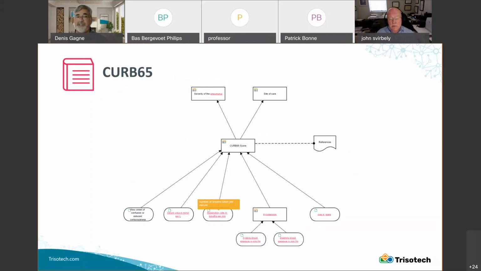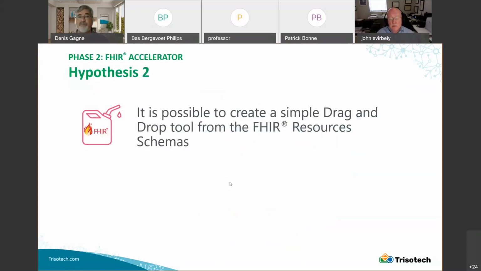Here's an example of a DMN model for the CURB-65 score, where you can see that the terms, the concepts, are reused. Those underlined in red here are reused concepts that are disambiguated. By mousing over, I can get the definition of that term, and I also have access to the actual disambiguation of the term.